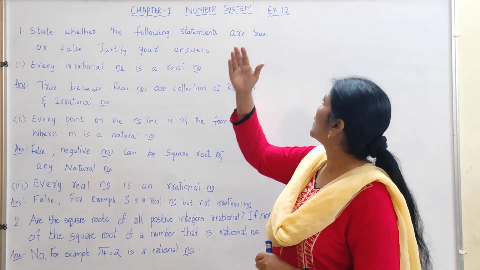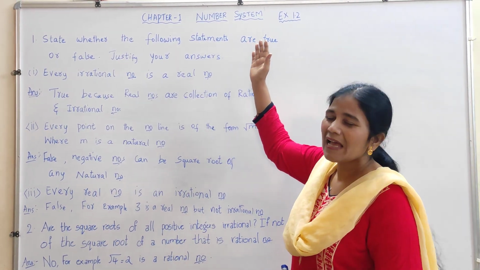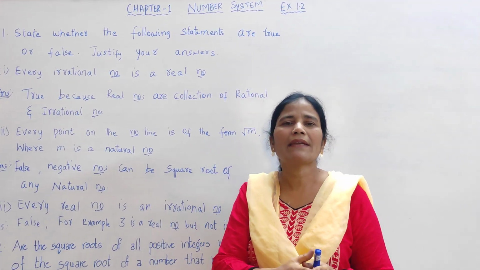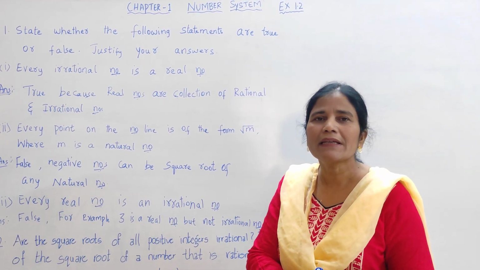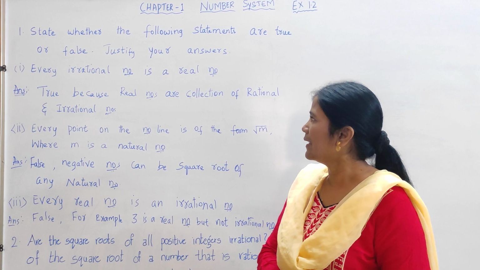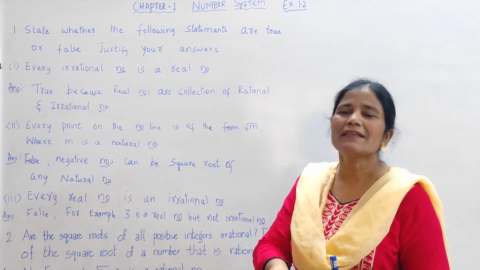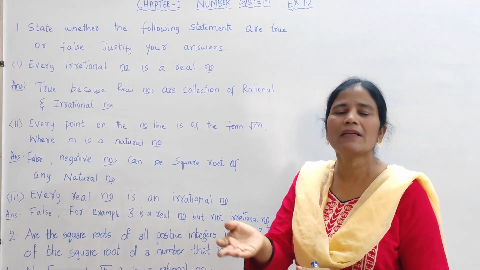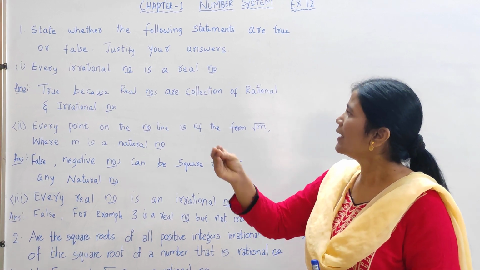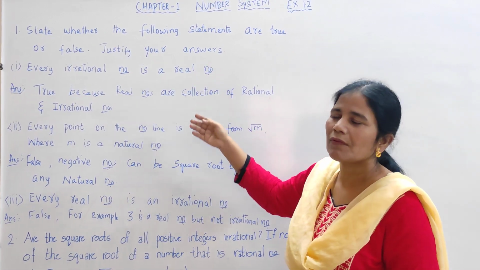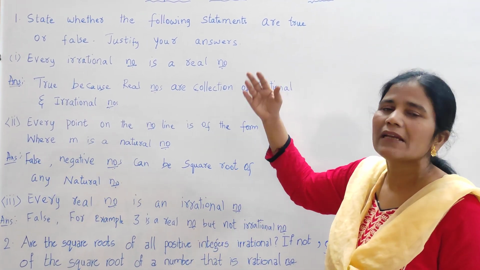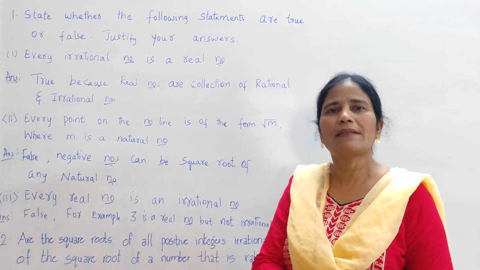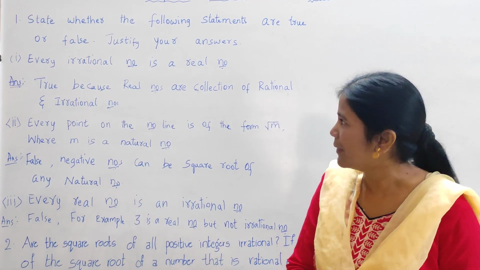Now in exercise 1.2, what we will be discussing is how to locate an irrational number on a number line, and the basic fundamentals we learned in the past videos, all that we have in the form of true or false. So first let us discuss that true or false, and after that we will learn how to locate the irrational number on a number line.